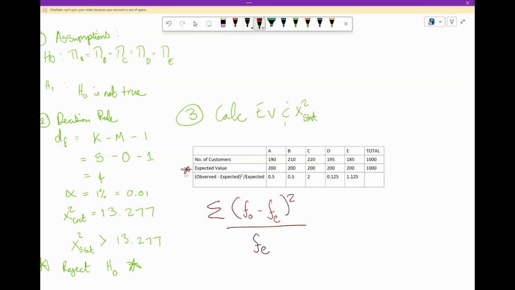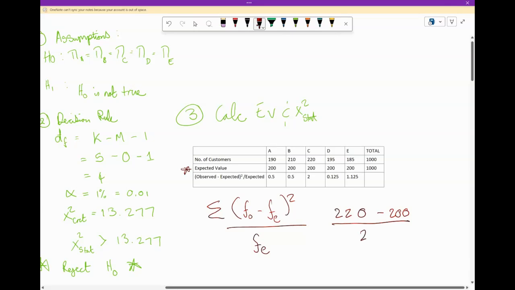So here I've already calculated the expected, and let's just calculate C for instance. So we can say, sorry, it should be 220 here. 220, the observed there for C is 220. Minus 200, yes, divided by 200.